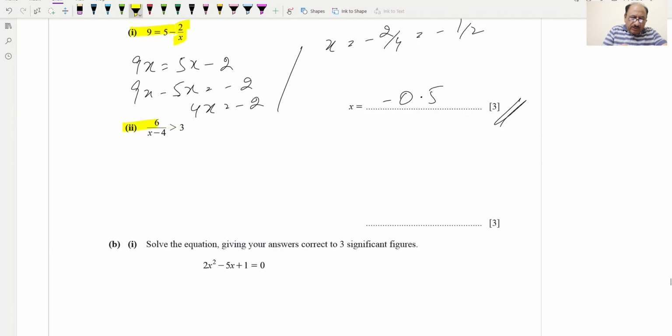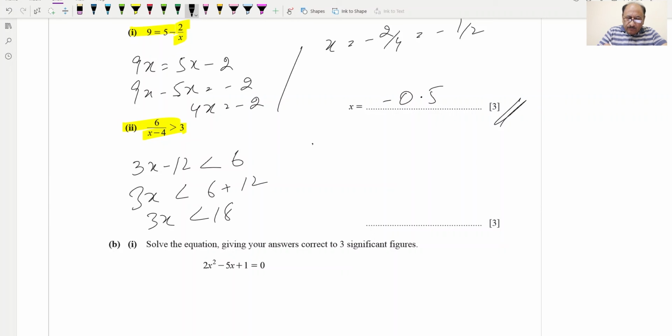Now the next part is inequality. We can cross multiply, so this will be 3x minus 12 is less than 6, so 3x will be less than 6 plus 12, which is 18, so 3x is less than 18. This implies x is less than 18 by 3, so x is less than 6.